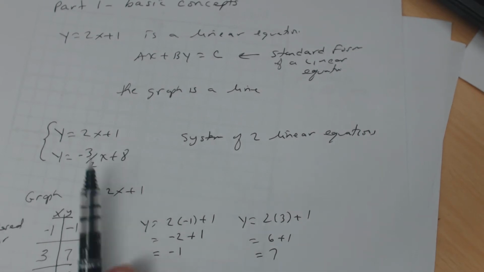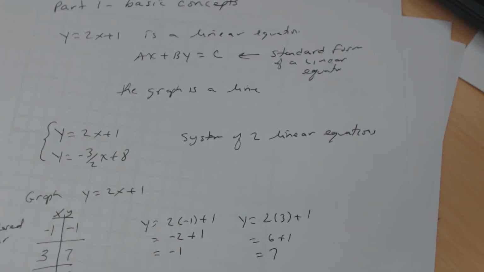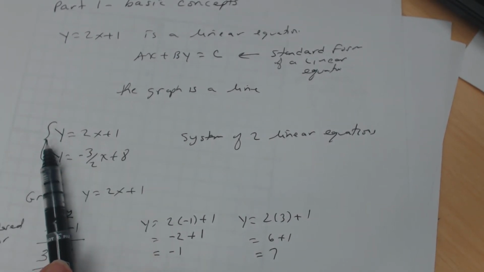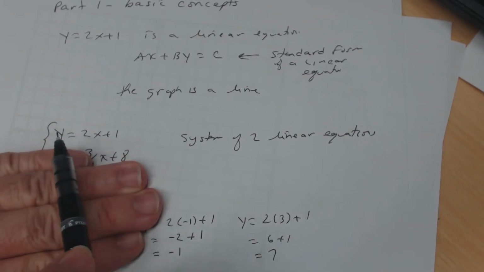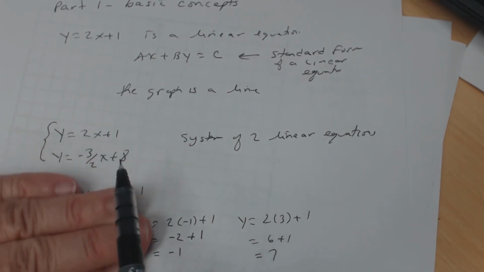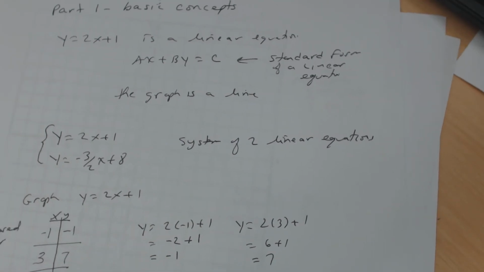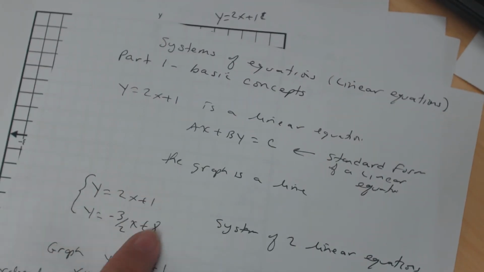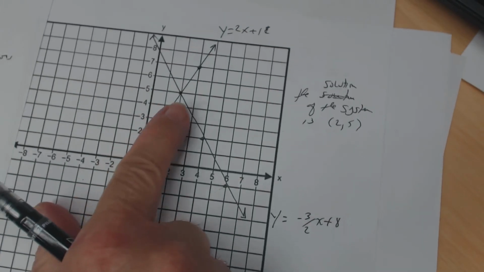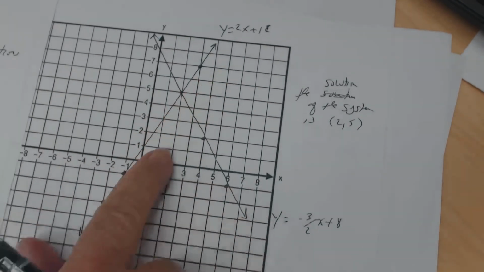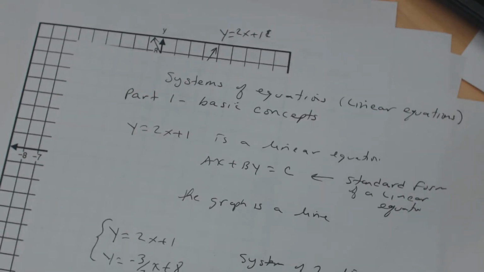And the solution's got to satisfy both equations at the same time. Now remember, when you look at each individually, there's an infinite number of solutions. But when we looked at the solution to the system, we saw there was only one of them, because those two graphs intersected at only one point.